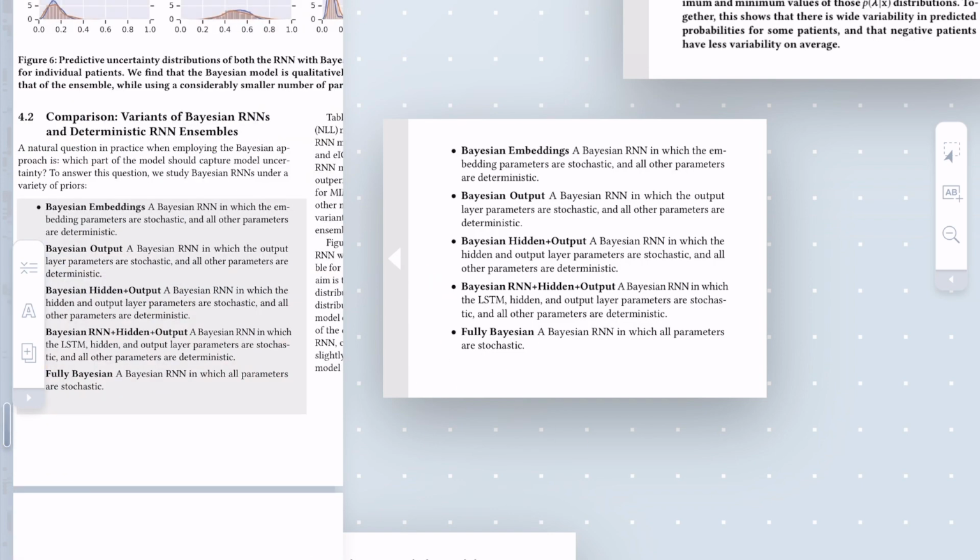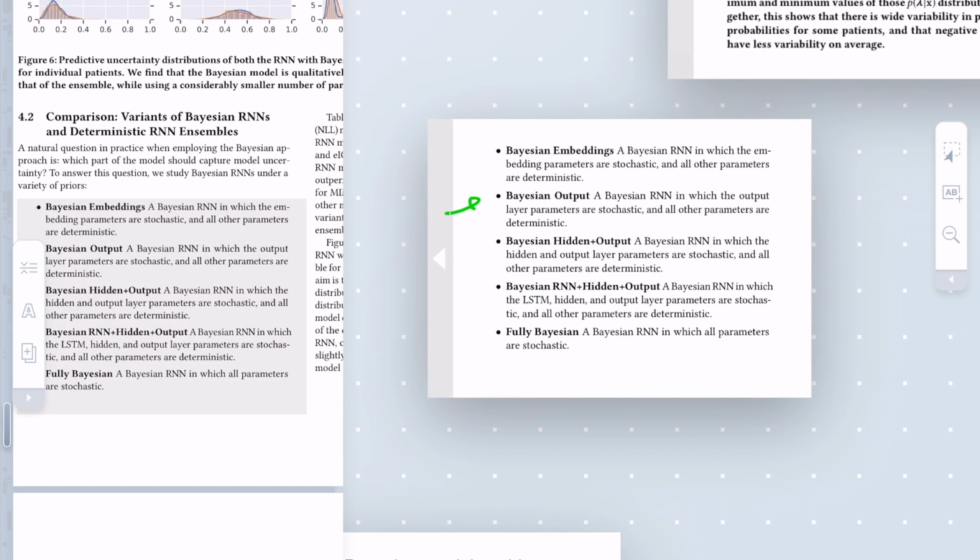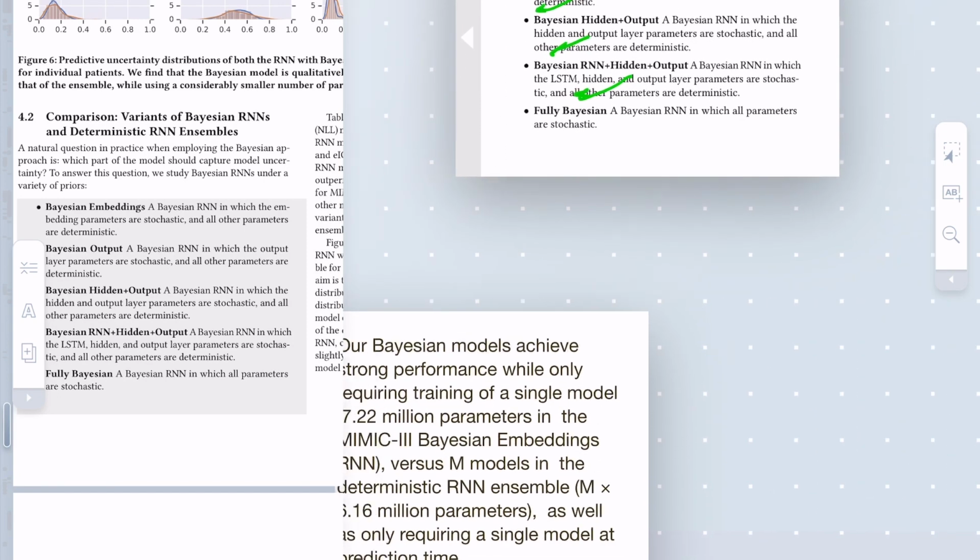They have basically different variants of Bayesian RNNs and deterministic RNN samples. Bayesian embedding means an RNN in which the embedding parameters are stochastic, then output, hidden and output, and RNN hidden and output, and full Bayesian. So these are the different variants of the Bayesian models they have.